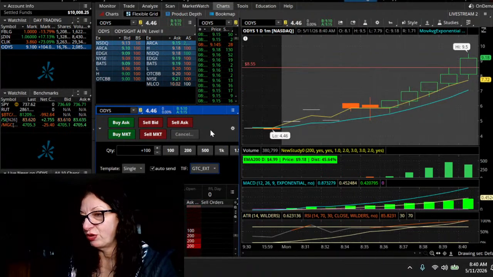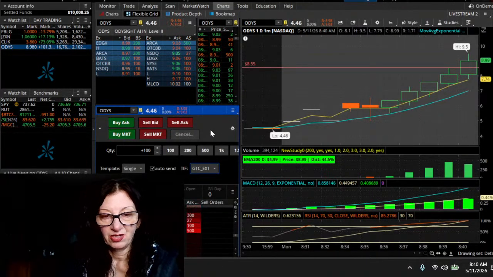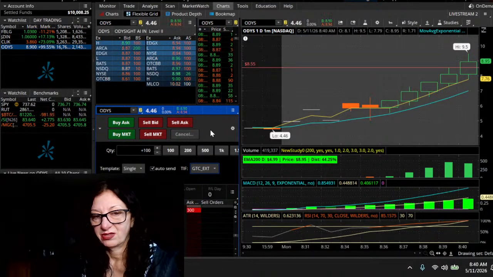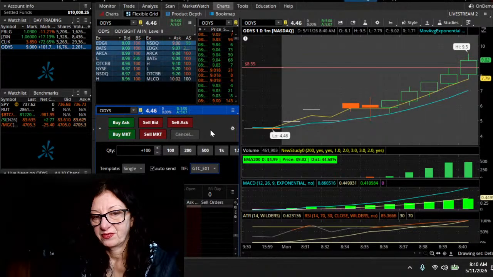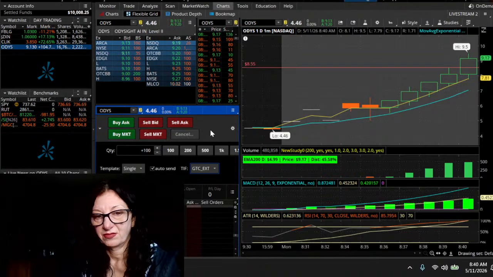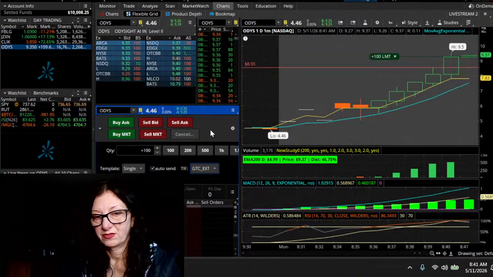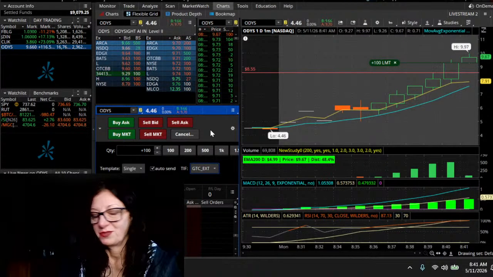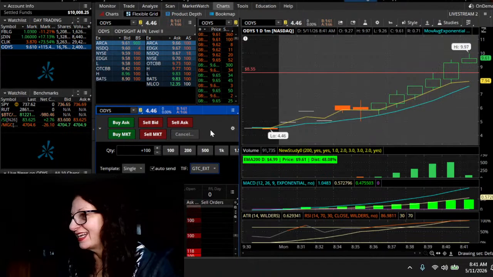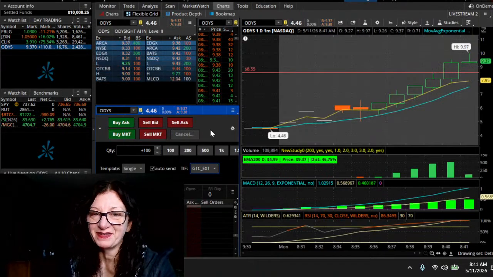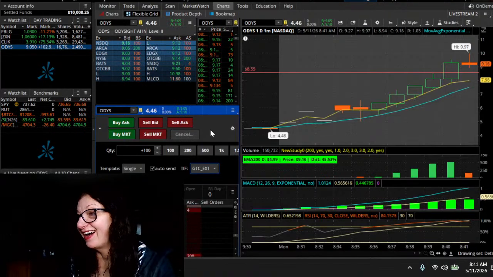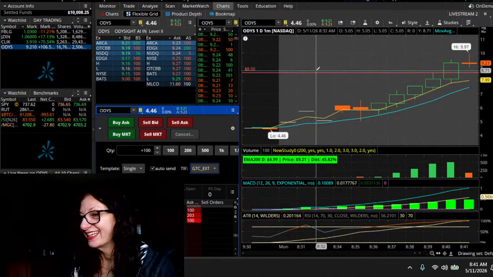All right, it looks like a micro pullback on the 10-second. It missed my order. I tried to get in, but it missed my order, and now it's almost at my limit. My limit's $10, so... that's crazy.